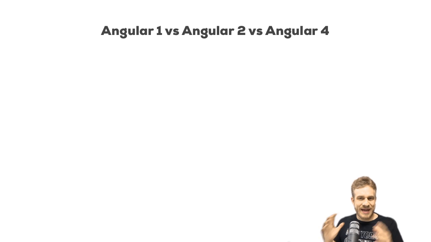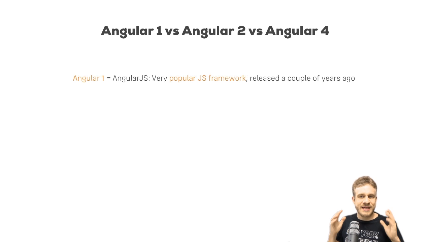So that is what Angular does for you. It allows you to create very reactive single-page applications, re-rendering parts of the DOM to update the page. But you might also have heard that there is Angular 1, Angular 2, and Angular 4, and what do all these versions mean? Well, Angular 1 was the first Angular version.